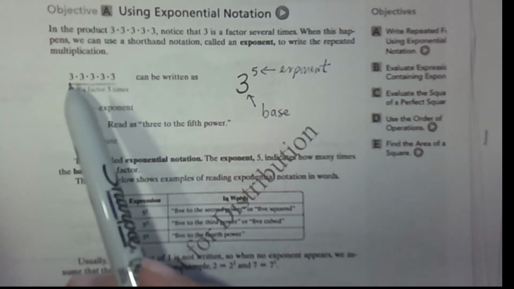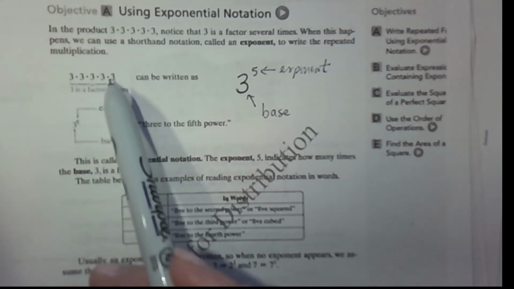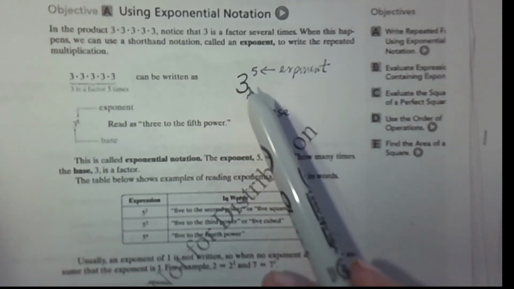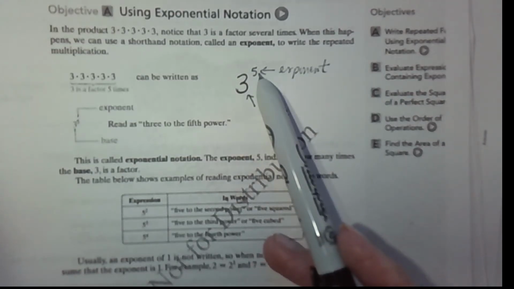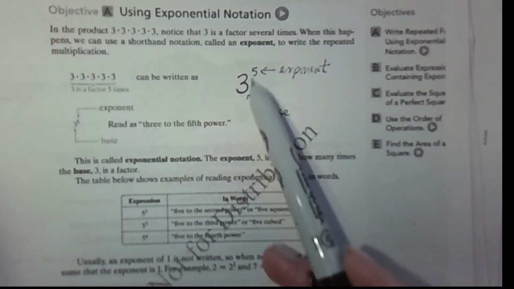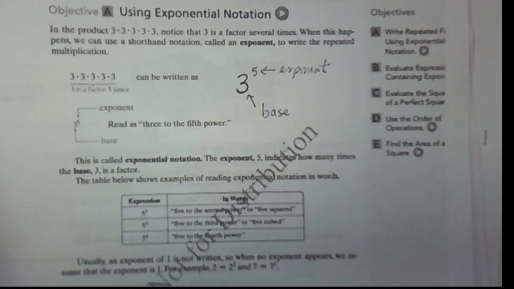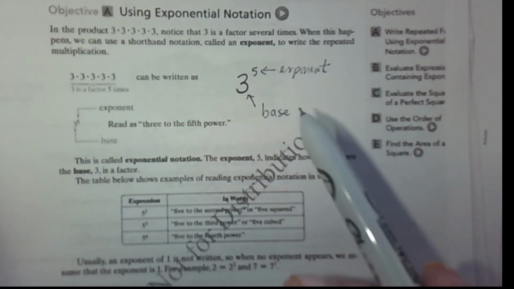So instead of writing out 3 times 3 times 3 times 3 times 3, this is the shorthand way that we can collapse it into 3 to the 5th. That makes it more streamlined and easier, especially when we're dealing with multiple numbers raised to powers. So that's what this notation means.